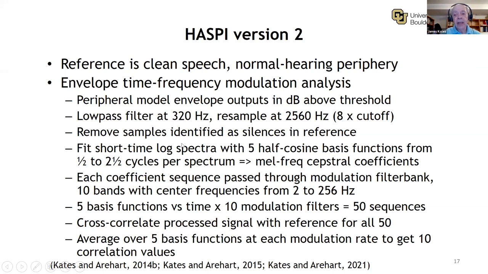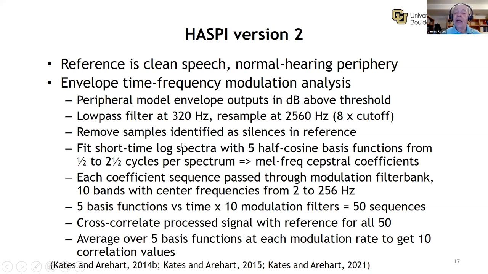So instead of just looking at the envelope within each frequency band, we're trying to describe the shape of the short-term spectrum as the short-term spectra progress in time. And to describe the shape, we're going to use half cosine basis functions going from 1/2 of a cosine fit to the entire spectrum to 2.5 cycles fit to the entire spectrum.